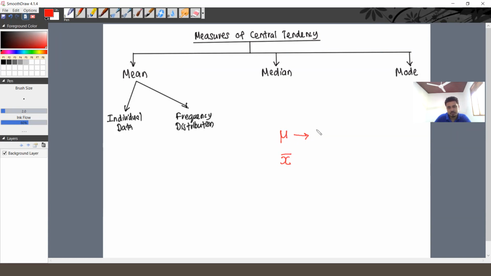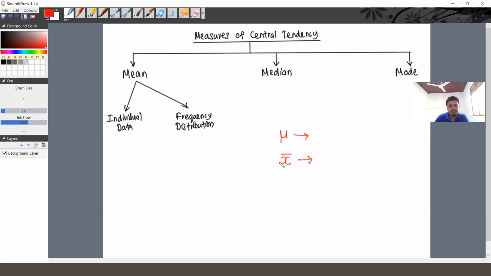Mu. Right? Mu. And the other one, this one we called what? X bar. This is mu. This is X bar.